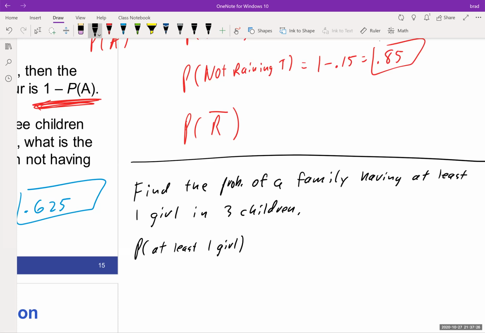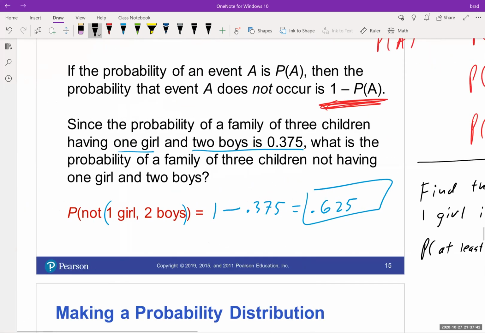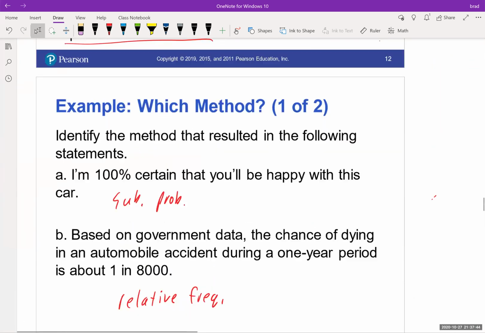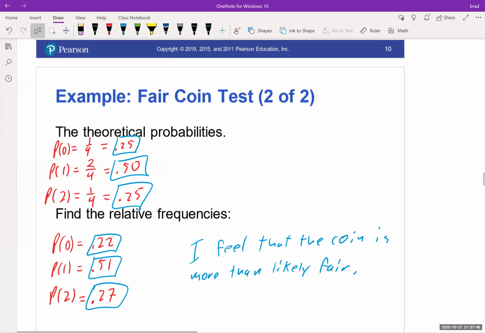Okay, so what we could do, and again, this is a little bit more complicated, is we could think of all the situations in a family having 3 kids, all of the situations that have 1 girl or more. That's what at least means, right? 1 girl or more. Well, luckily for us, we have this chart that they gave us way up here, which makes it much nicer.